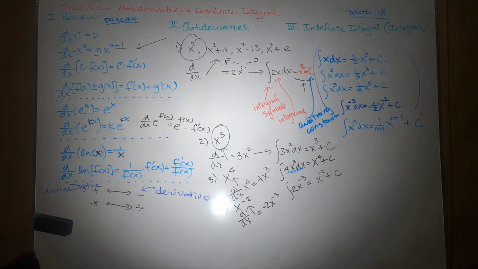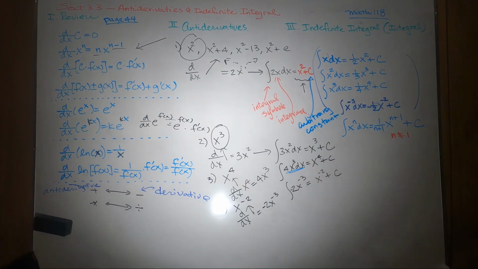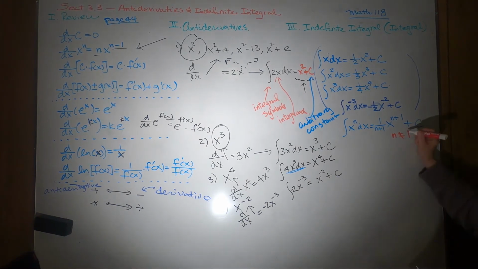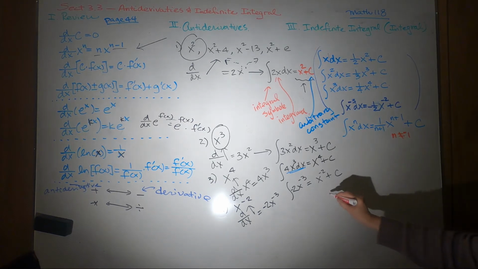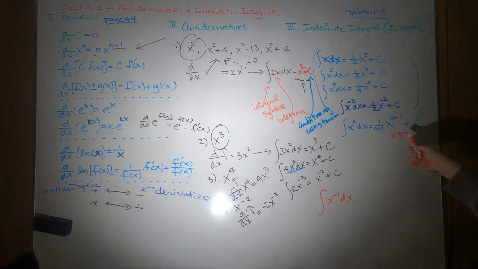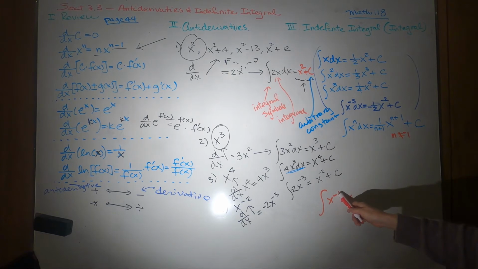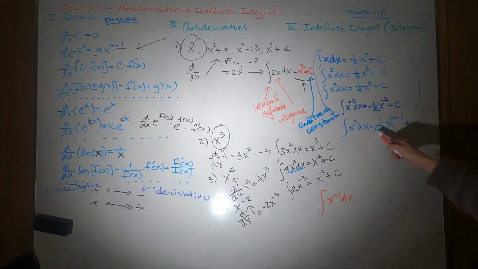However, there is an issue. There is a condition: n cannot be -1. Why? Because -1 plus 1 makes the denominator 0. When you do the antiderivative for x to the -1 power, if you follow this rule, that would be x to the 0, but you have to divide by -1 plus 1, which is 0.